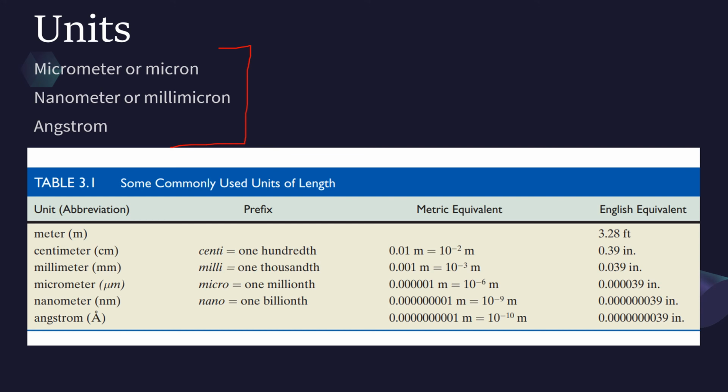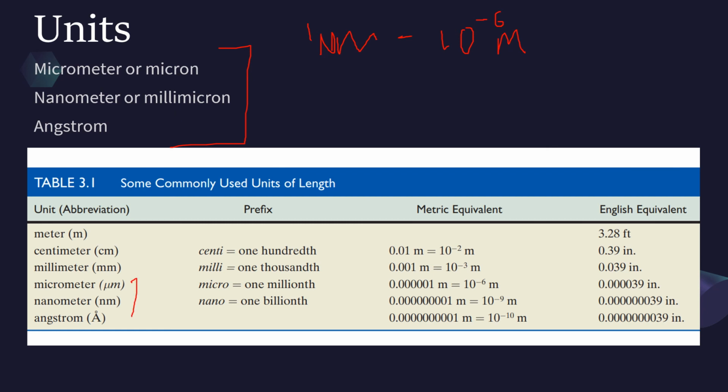If I say the length of the bacterium is 1 micrometer, it simply means the length of the microorganism is 10 to the power minus 6 meter. What does that mean? It means the length of the microorganism is 1 million times smaller than 1 meter. That's how small the microorganism is.